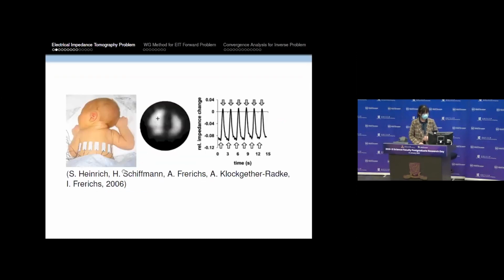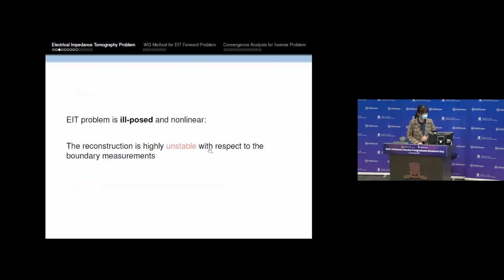As a typical implementation, once we attach the electrodes, we collect the voltage, and then we have the tomography of its conductivity distribution. We may also see how the impedance changes over time. This EIT problem is difficult as it is nonlinear and ill-posed. By ill-posed, we mean the reconstruction is highly unstable with respect to the boundary measurements.